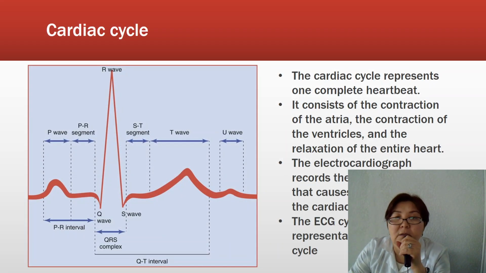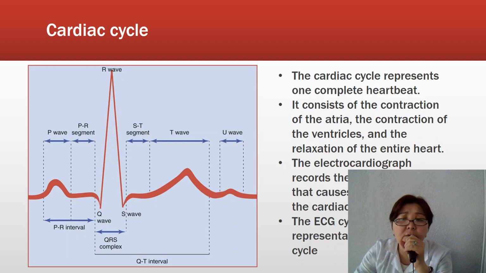Cardiac cycle. The cardiac cycle represents one complete heartbeat. It consists of the contraction of the atria, the contraction of the ventricles, and the relaxation of the entire heart. The electrocardiograph records the electrical activity that causes these events in the cardiac cycle.